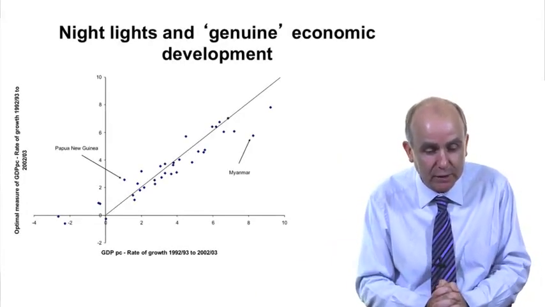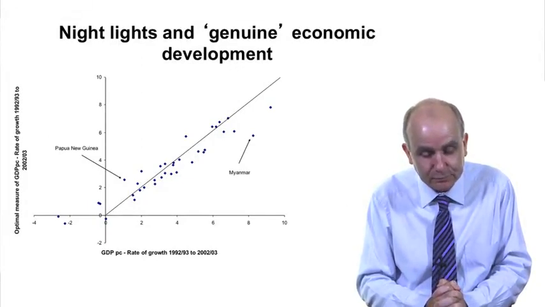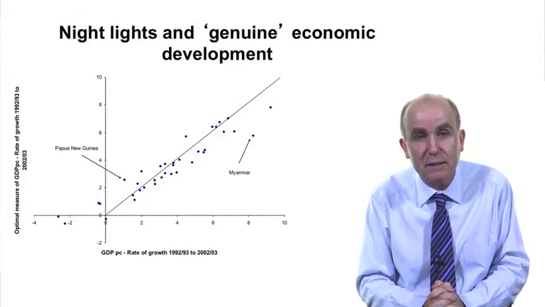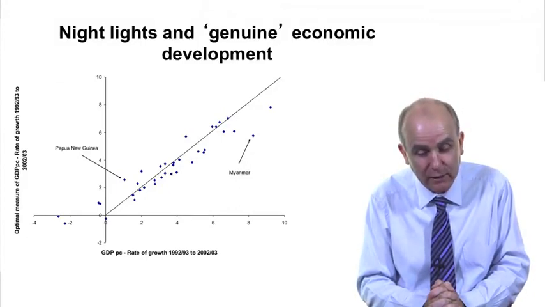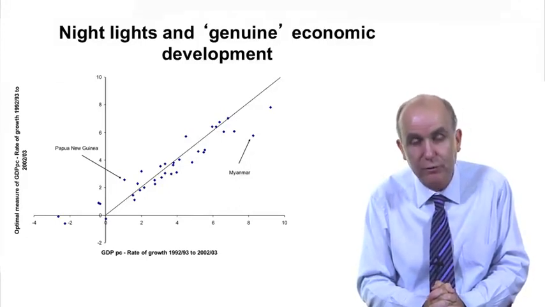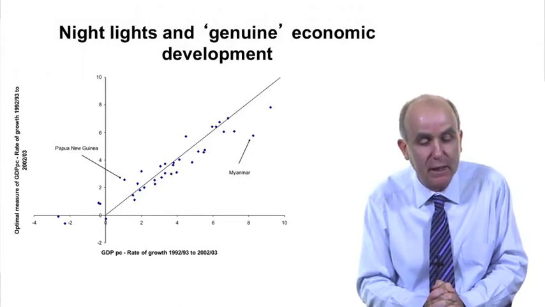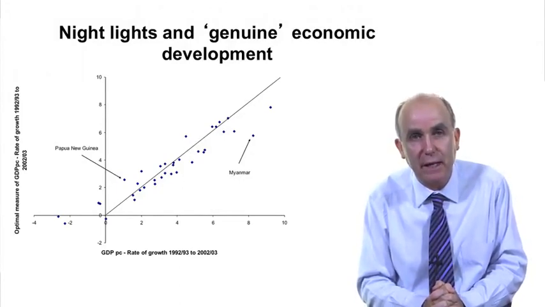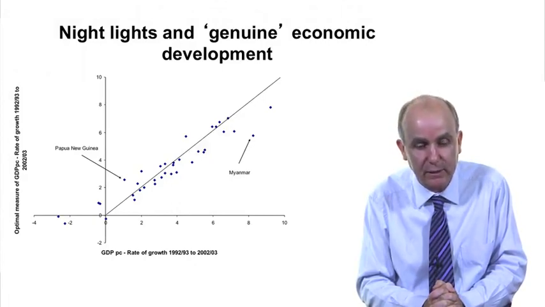And so here I have a graph where on the horizontal axis I've got the statistical agency's measure of economic growth from 1992-3 to 2002-3, and on the vertical axis I've got the adjusted or optimal measure that Henderson and his colleagues calculated.